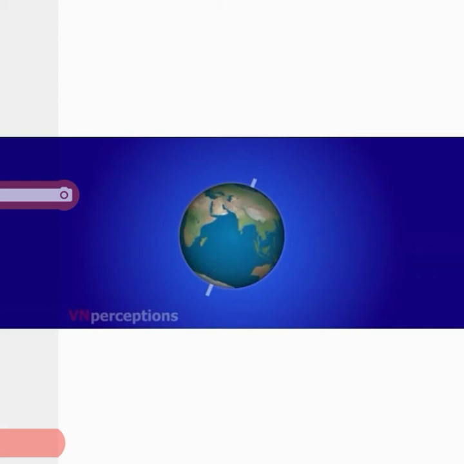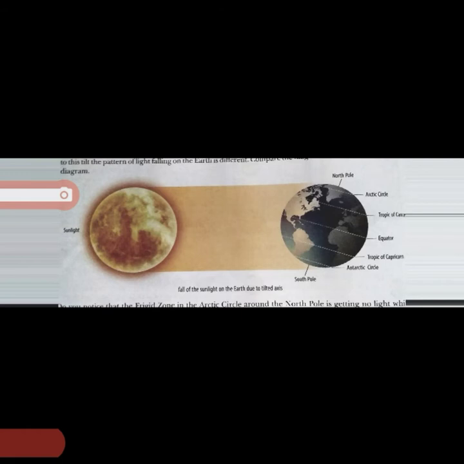We know that the rotation causes day and night on the Earth. The duration of night and day is not equal in all places on the Earth. This is because of the inclination of the Earth's axis.